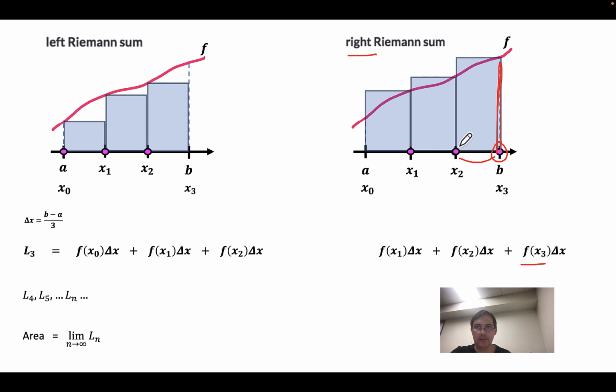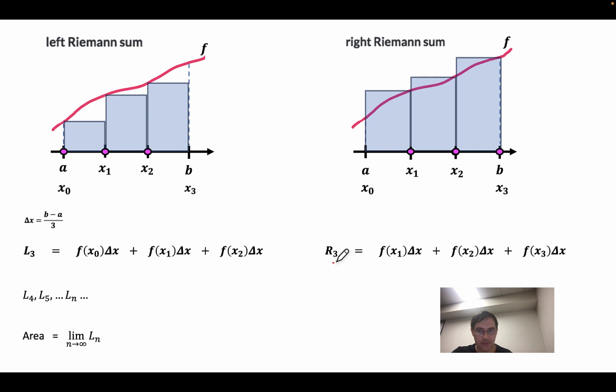Then when we multiply it by delta x, that gives the area of this last rectangle. So this is an approximation of this area of interest, and it looks like an overestimation, because the approximated area is a little bit more than the actual area. We call this quantity R3.